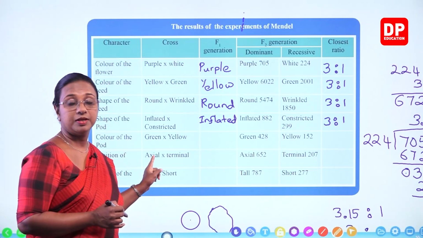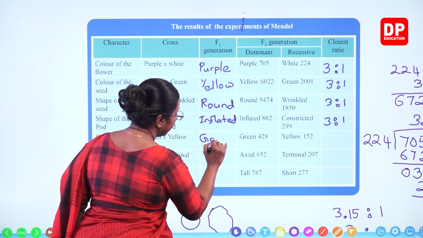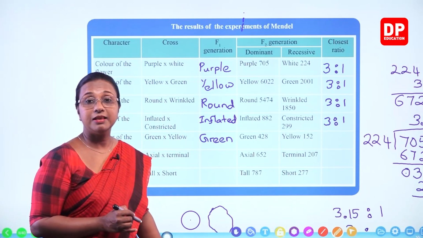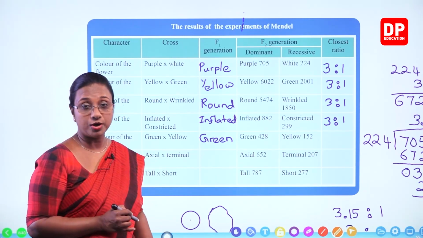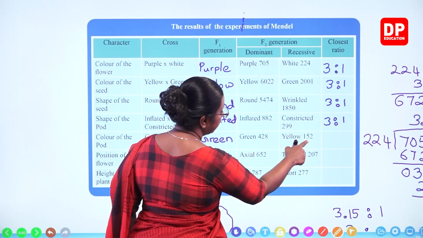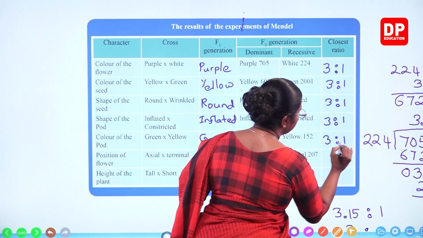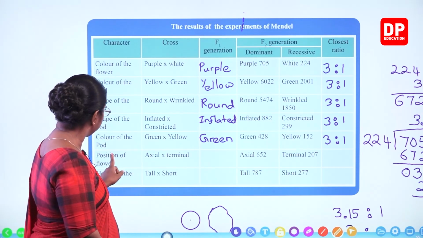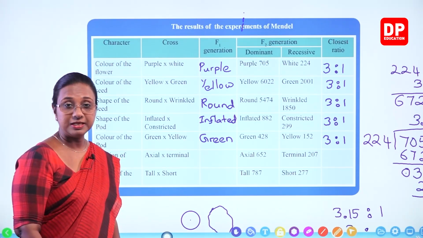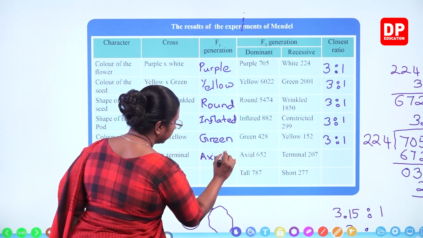Then color of the pod. Again green and yellow, contrasting characters. So from this you can understand green is the dominant character. So all the F1 generation plants will be green in color. They will have green color pod. F2 generation, green 428, yellow 152. So green is to yellow will be 3:1. Position of flower, whether it's an axial flower or the terminal flower. Axial flower is the dominant character.